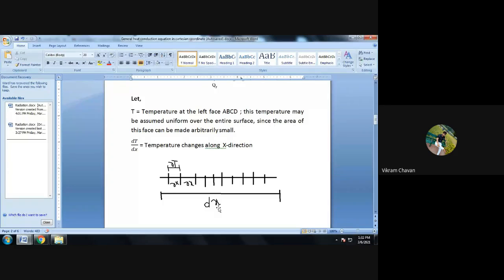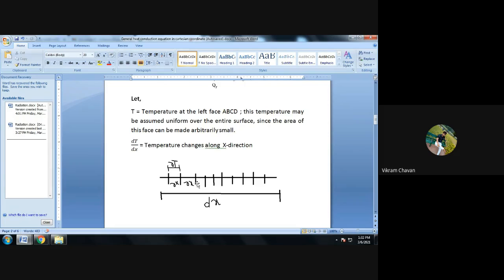We have divided this dx length into equal parts, let us say into 1 centimeter each. It is divided into 1 centimeter, 1 centimeter, 1 centimeter. Each element of this total length is having 1 centimeter length.